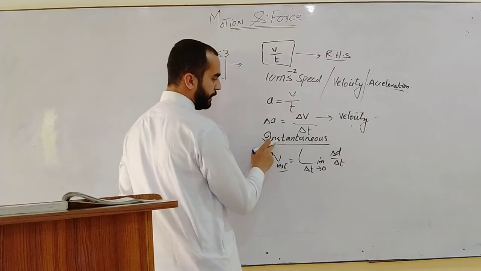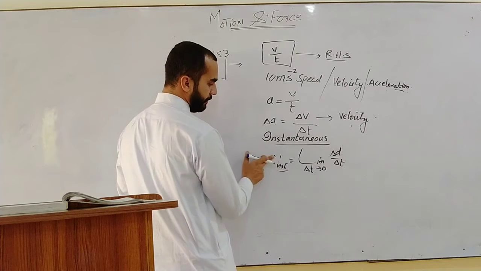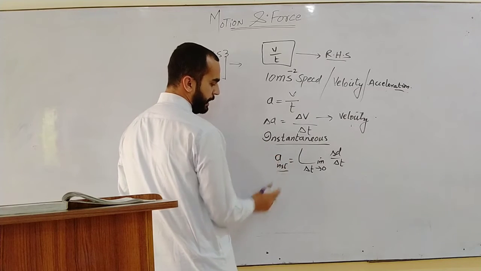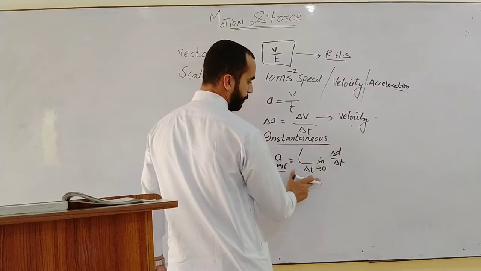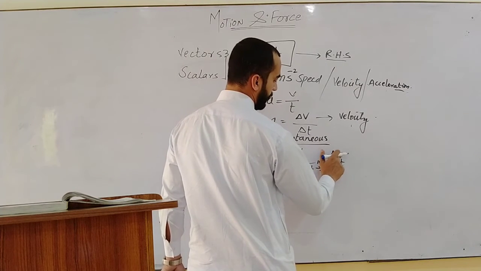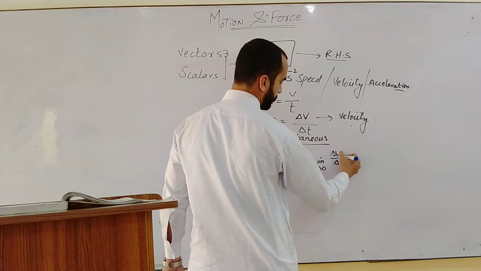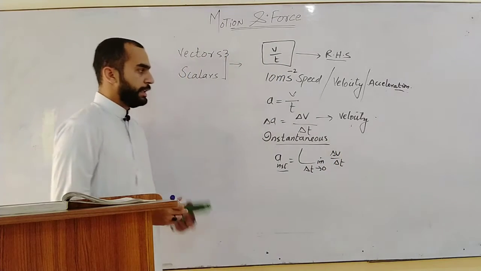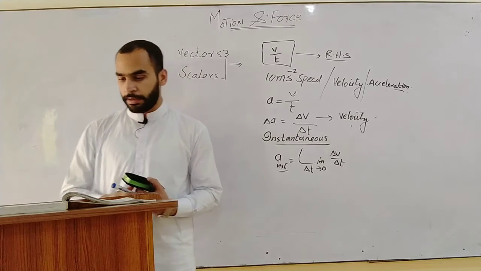As we go to the instantaneous value of the acceleration, we can say that A instantaneous is equal to limit delta t approaches to 0 of delta V divided by delta t. So this is the basic definition of acceleration.